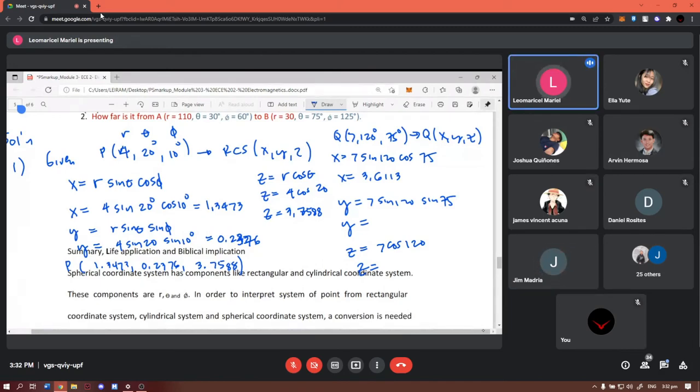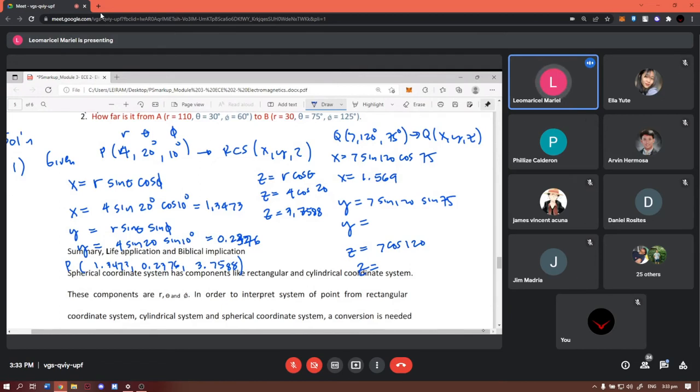Naka-degree ba kayo? Opo. Ano yung tamang sagot? 1.569. Ayun. So be careful ha. Baka kasi naka-radian mode kayo, magkakamali kayo. Again, what's the answer? 1.569. Wala nang kadugtong ha.